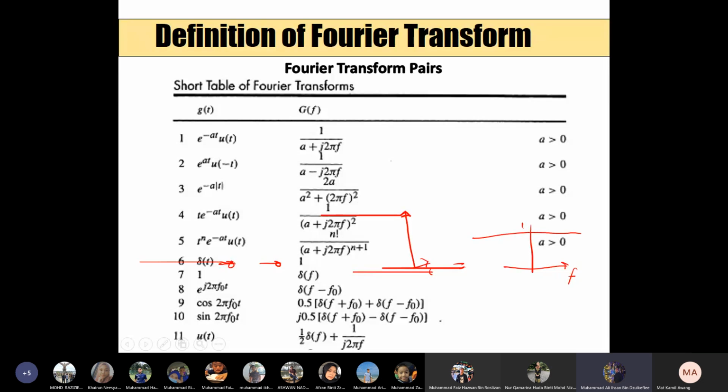So a pulse like this transforms to that. Conversely, a pulse like this in frequency domain gives, in time domain, a constant 1.